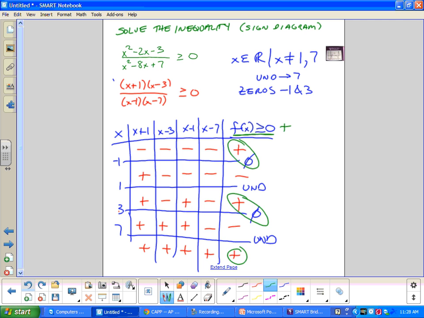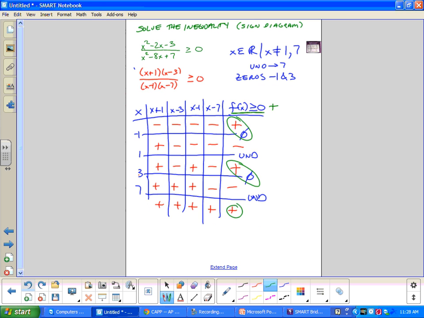Now I just have to identify those intervals. If I make a number line, maybe this helps students see it better. -1, 1, 3, 7. I have it equal to 0 at -1, solid dot, going to the left. I have it going from 1 but not equal to 1 to equal 3 where it's 0.